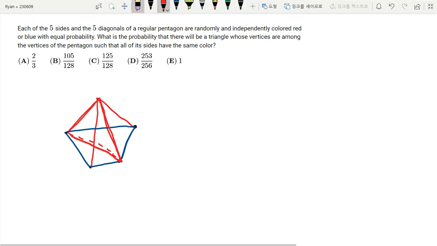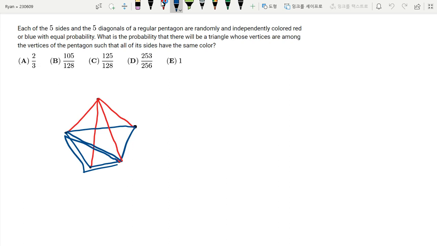Or if we try to make this blue, now the bottom triangle is made of all the same color. So that means starting with all the same color from one vertex, we always end up with a triangle having the same color. So that's not the case we want, because we want to find the complement.